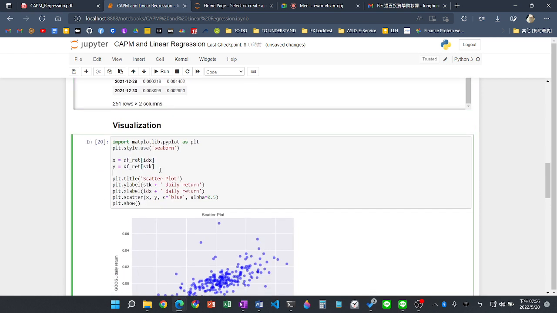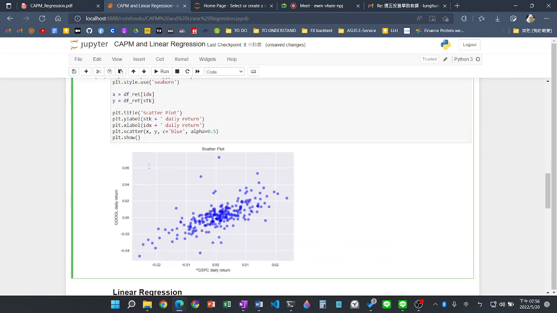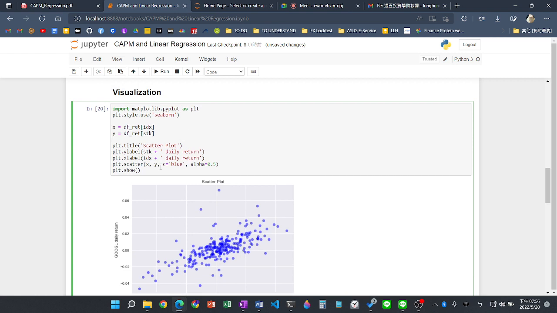And the next thing, perhaps we can get a nice visualization of it. If you want to draw the points of two different assets, let's say one is Google and the other is the S&P 500 index, then we should use the scatter plot, right? And here the scatter plot is very handy.